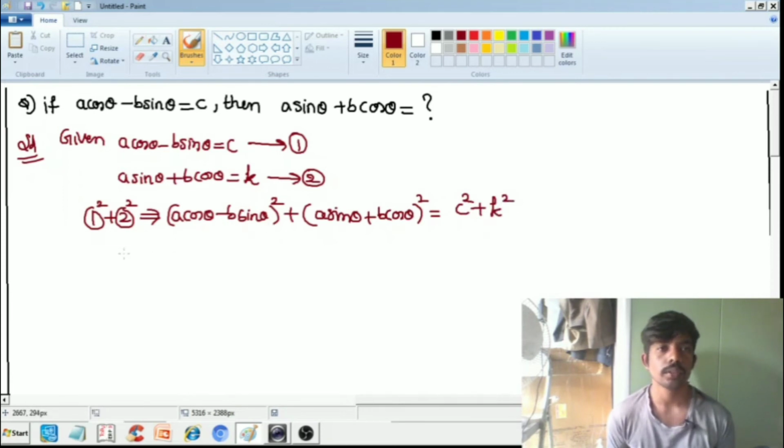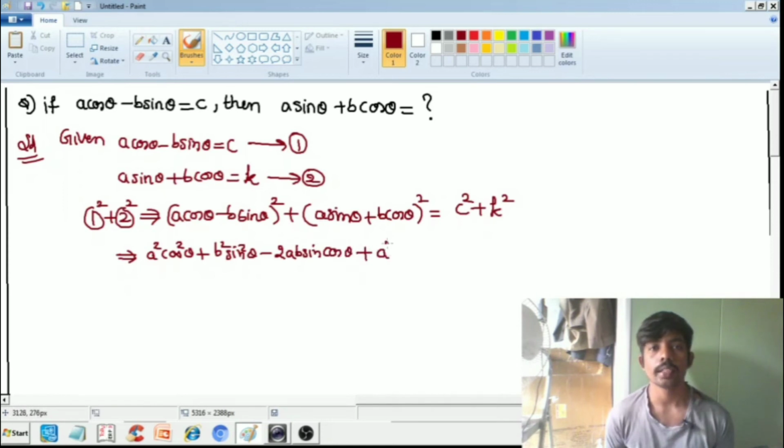Simplify using the a minus b whole square formula, a square plus b square minus 2ab: a square cos square theta plus b square sin square theta minus 2ab sin theta cos theta, plus here again the a plus b whole square formula, a square sin square theta plus b square cos square theta plus 2ab sin theta cos theta is equal to c square plus k square.